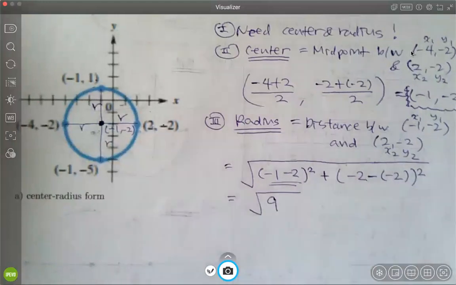And then what is -2 minus -2 squared? What's that equal to?